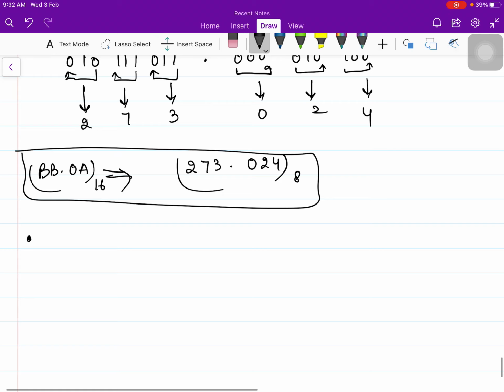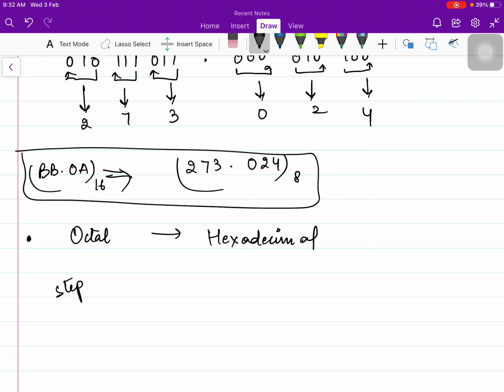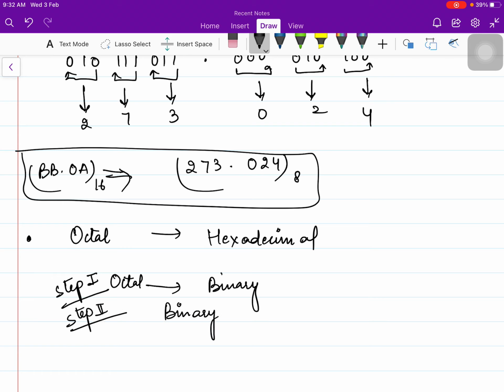Now, if we carry out the opposite conversion, that is from octal to hexadecimal, again we will not be able to carry out this conversion directly. 2 steps will be followed. The first step is to convert octal into binary, and then step 2 will be the conversion of binary to hexadecimal.